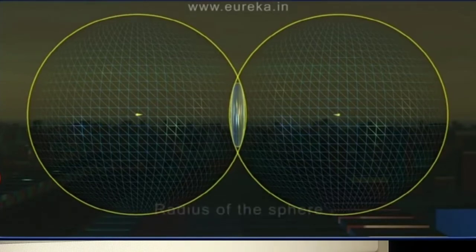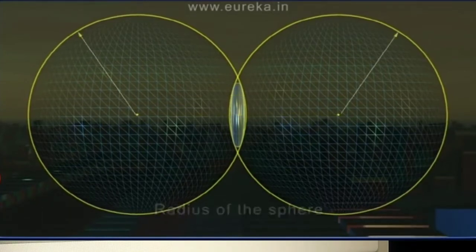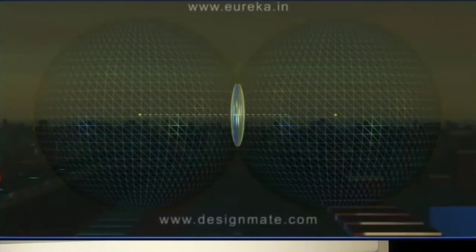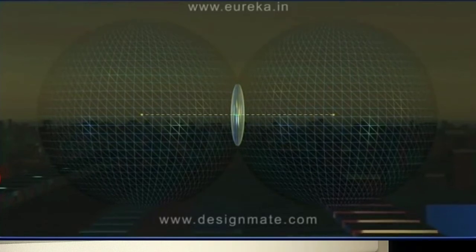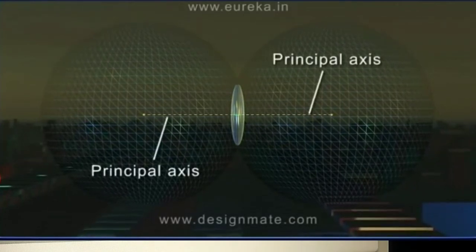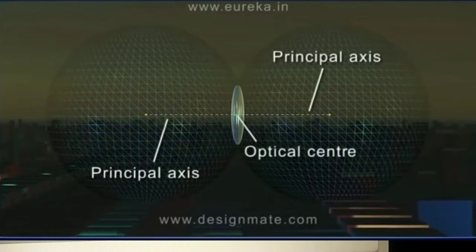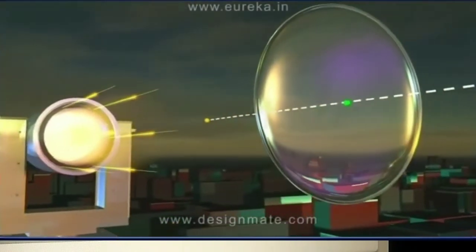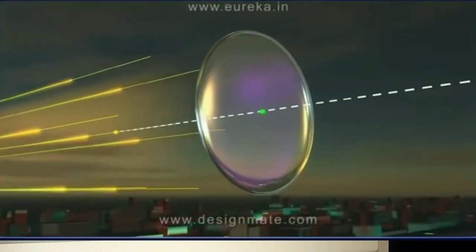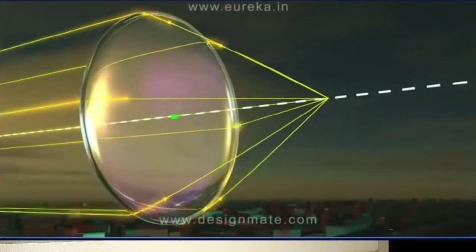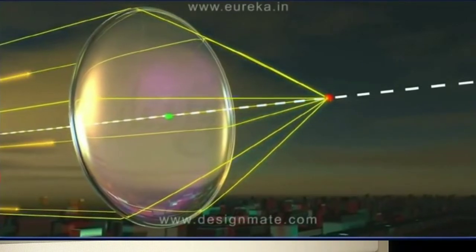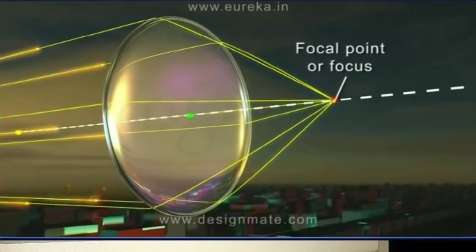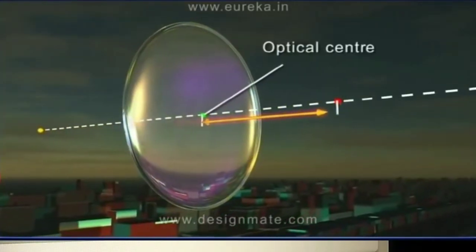The point where it is converging is called the focal point or principal focus and is designated by capital F. The distance between optical center and focal point is known as focal length of the convex lens, and the center of the sphere from which this part of the lens is formed is called the center of curvature, and the distance between the optic center and center of curvature is known as radius of curvature.